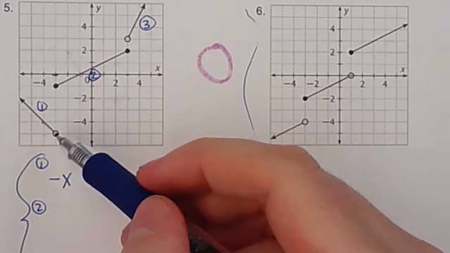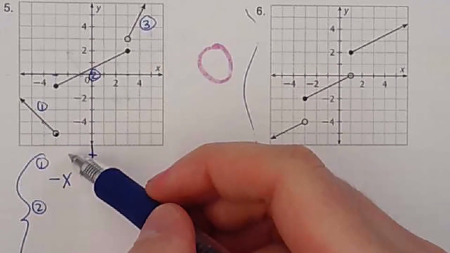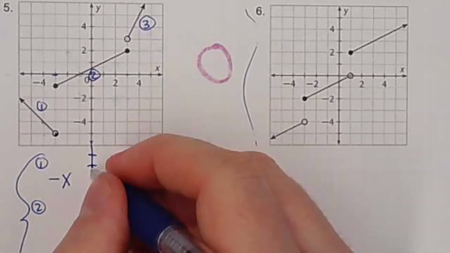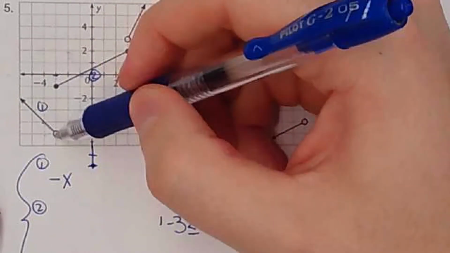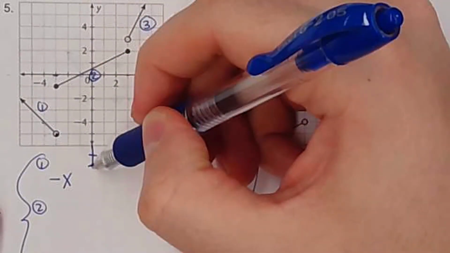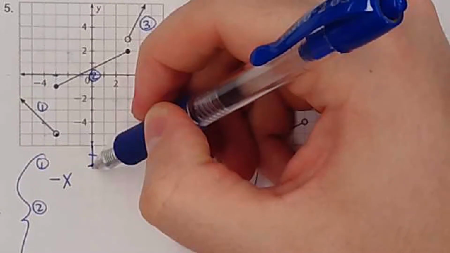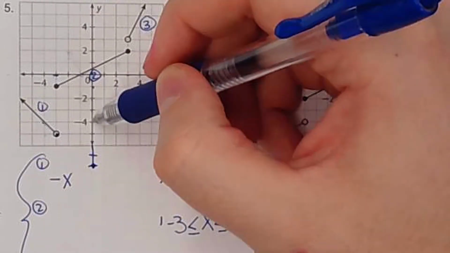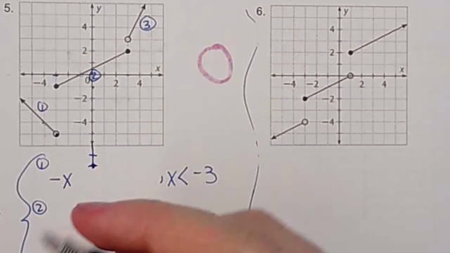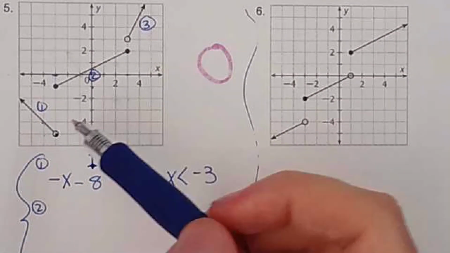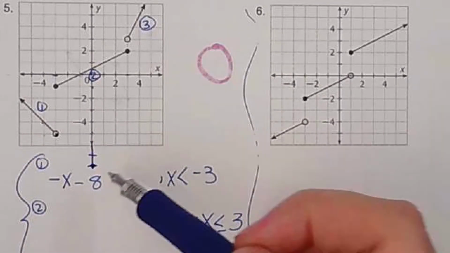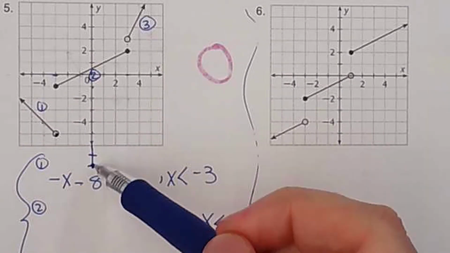And you'll notice if we keep going down 1 over 1, we eventually hit here. So if we weren't stopped here, our line would keep going and hit there. So that would be our y-intercept. So our y-intercept is 1, 2, 3, 4, 5, 6, 7, 8, minus 8. And that's the equation of this line. It has a slope of down 1 over 1, and it has a y-intercept, if you were to extend it, to negative 8.